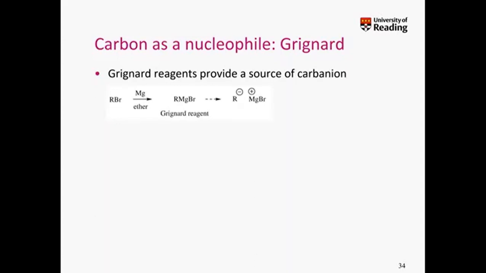So we're not going to worry too much about how you make Grignard reagents. All we need to know is that a Grignard reagent is this one here, where you have your carbon, the R group, attached to magnesium with a bromine there as well. And again, what we're saying is if you see a Grignard reagent, you can say, well, that technically equals R minus.